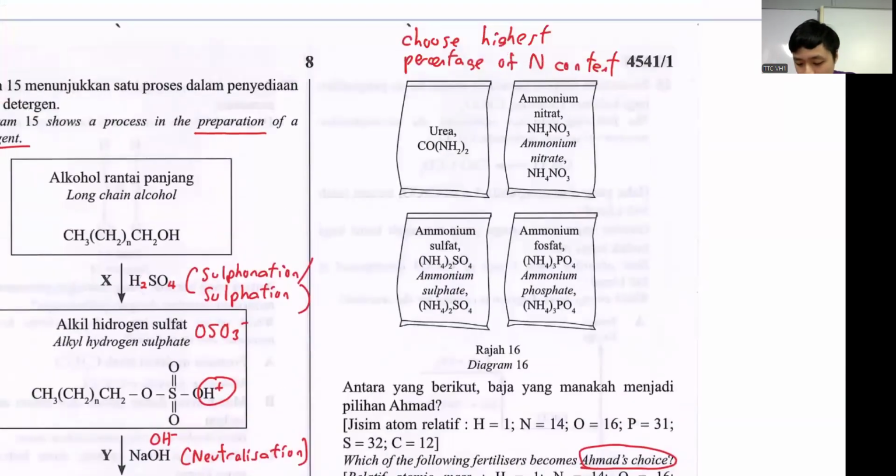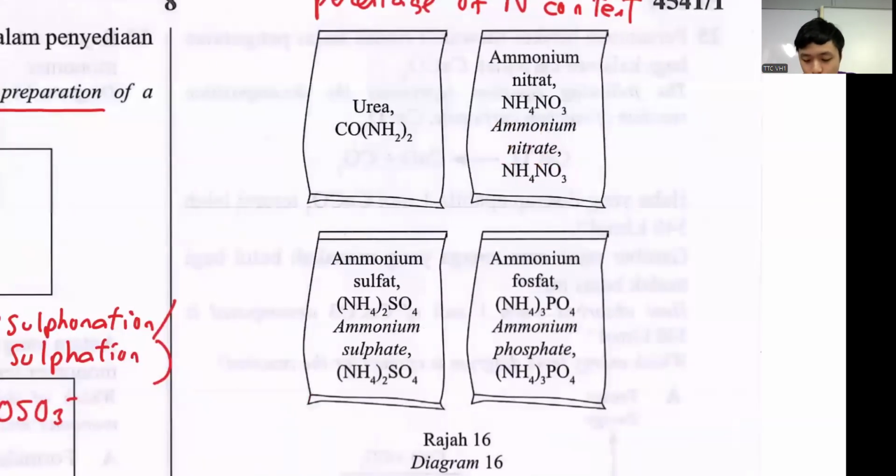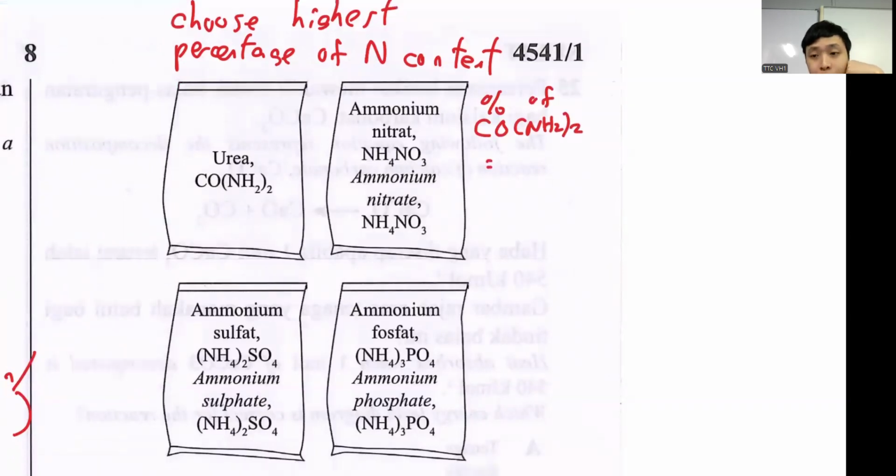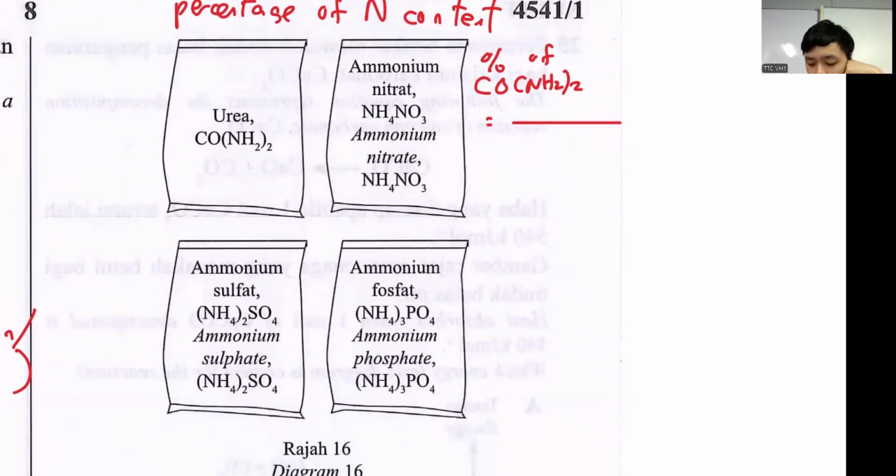So we calculate one by one. They give you the formula already. First one, urea, CO(NH2)2. Total mass goes on the bottom, and the number of nitrogen goes on top.